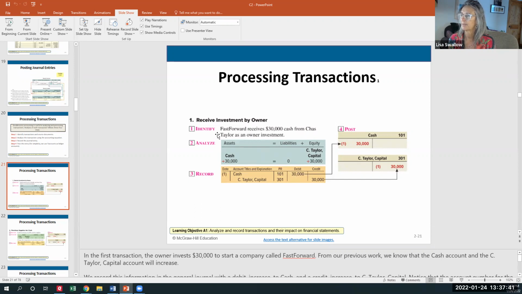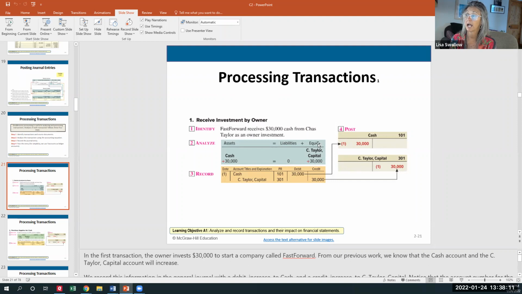This time, the company receives $30,000 of cash from the owner as an investment. So it's like, okay, well, let's analyze that. Here's my accounting equation. Well, what happened? My cash went up by $30,000. Cash is an asset. How do we make assets go up? We debit them.